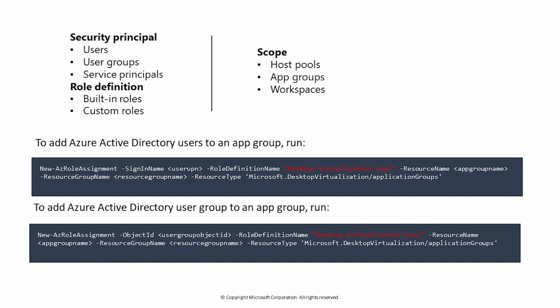Obviously, the identities, the users, the groups, where are they residing? Remember, yesterday and the day before yesterday, on day one and day two, we also talked about Azure Active Directory, which is now Microsoft Entra ID.